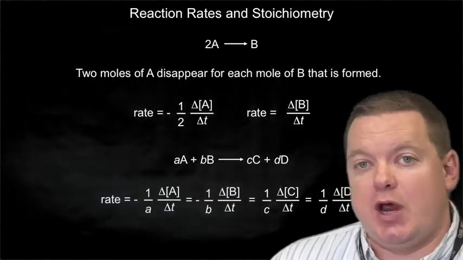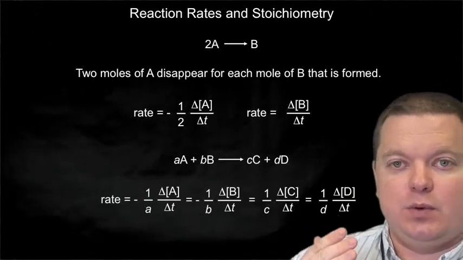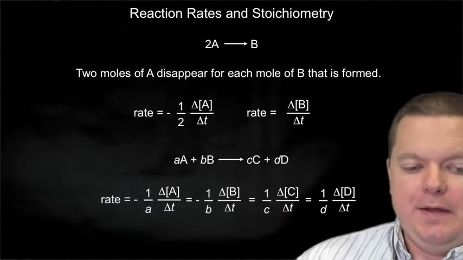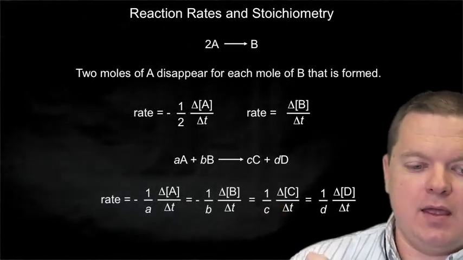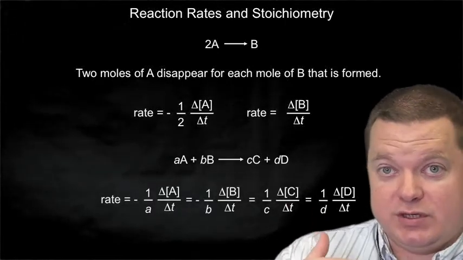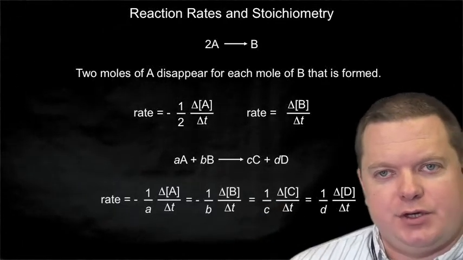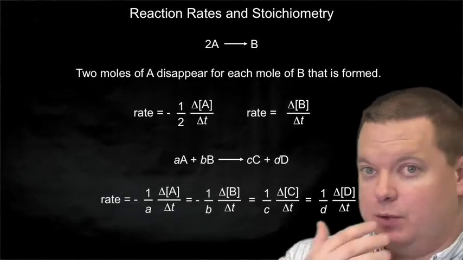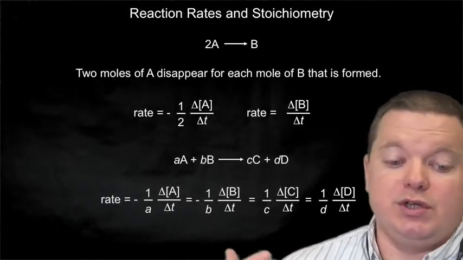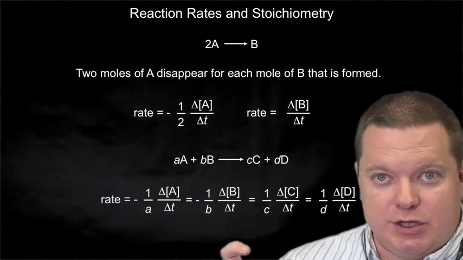If we break this into a general reaction, such as the one at the bottom here, aA + bB goes to cC + dD, then the rate of the reaction is negative 1 over a, times the change in concentration of A per unit time, which is equal to negative 1 over the coefficient b times the change in B over the change in time, which is equal to 1 over c, change in C over change in time, which is also equal to 1 over d, change in concentration of D over time.